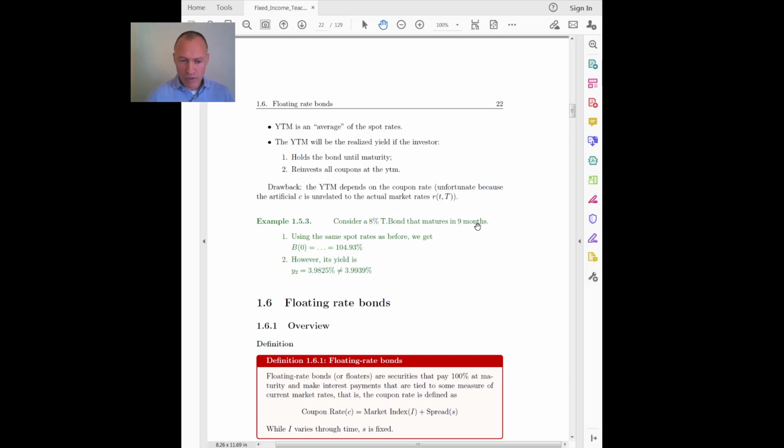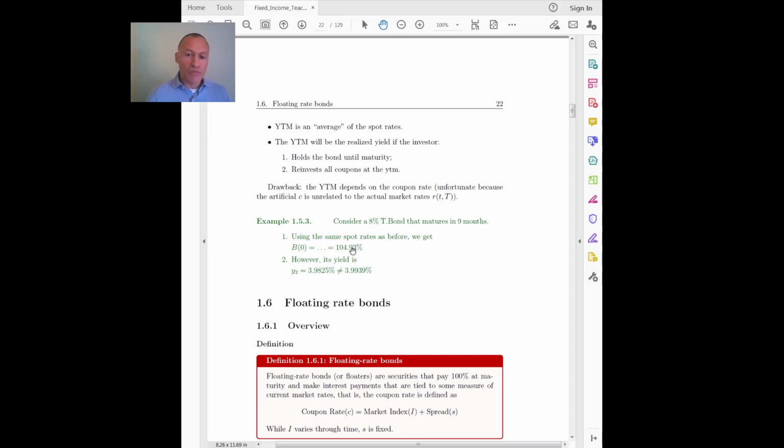It's the same maturity date and the same coupon frequency, but the rate, instead of the 5% we had before, is now 8%. So we are going to compute the price of this bond using exactly the same discount rates as we did in that example and find this bond price, 104.93. So the underlying market is the same, using the same discount rates.